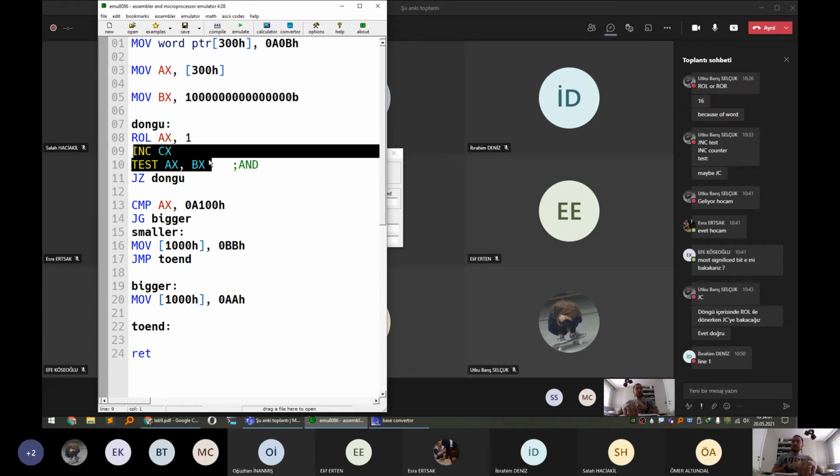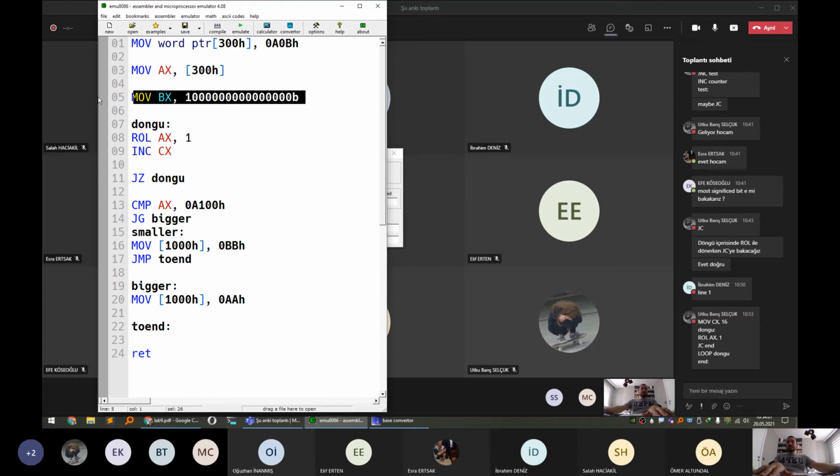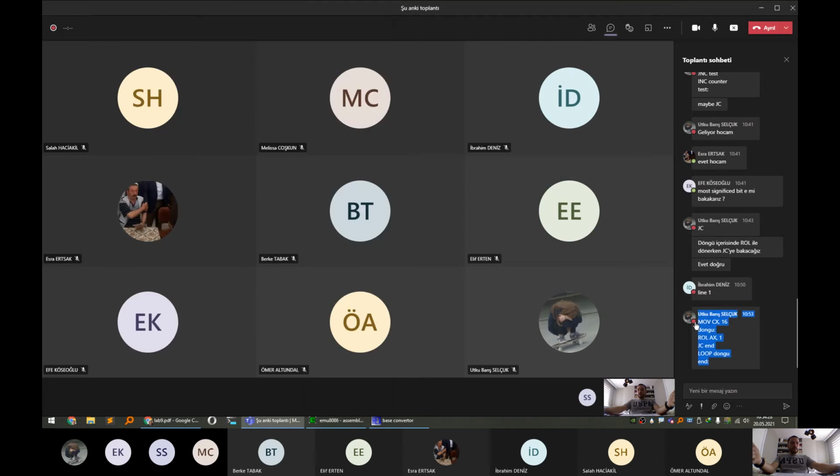How can you understand without using test? Let's say we don't have test. Utku already wrote a code. It puts 16 in here. Whenever the carry flag becomes 1, it will jump to the end.